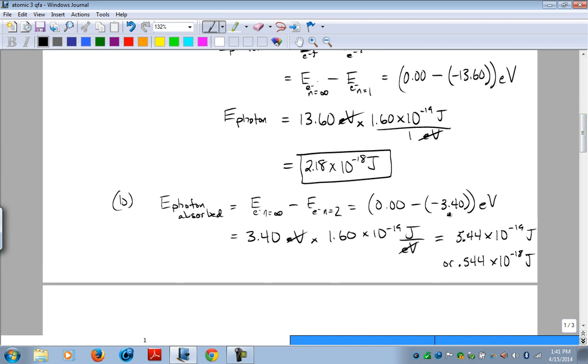So just using the energy level already seen on the chart, we get 3.40 electron volts, which for comparative purposes is 0.544 times 10 to the minus 18 joules, a lower energy photon than the one that's 2.18 times 10 to the minus 18 joules. A different color light is absorbed.